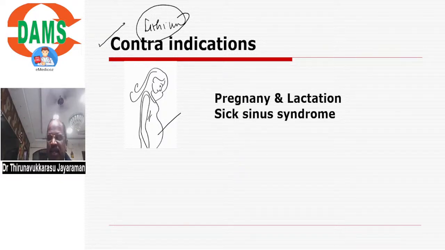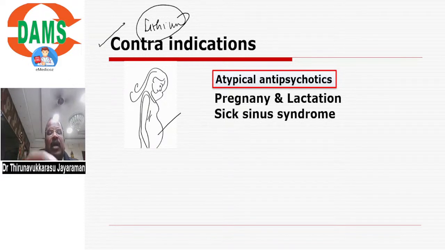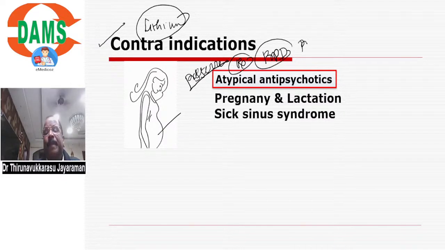Last finishing option, drug interaction. The preferred drug for treatment of bipolar disorder in pregnancy, this is also important, we can think of atypical antipsychotics like olanzapine, aripiprazole, like that.